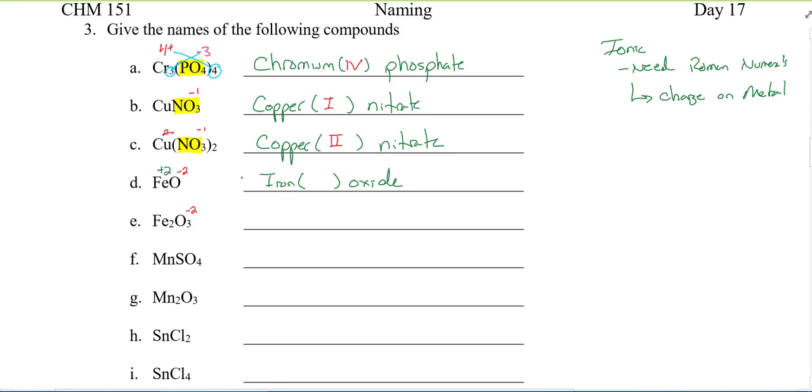Because all of my compounds are neutral unless there's a charge on them, right? It's a neutral compound. So this has to be iron(II). There's no way around it. E, I have iron oxide. Well, the 3 came up, right? Uncross the charges, iron(III) oxide.